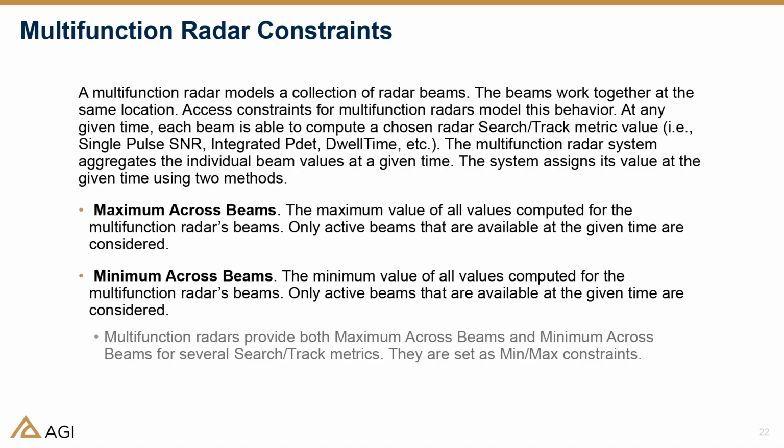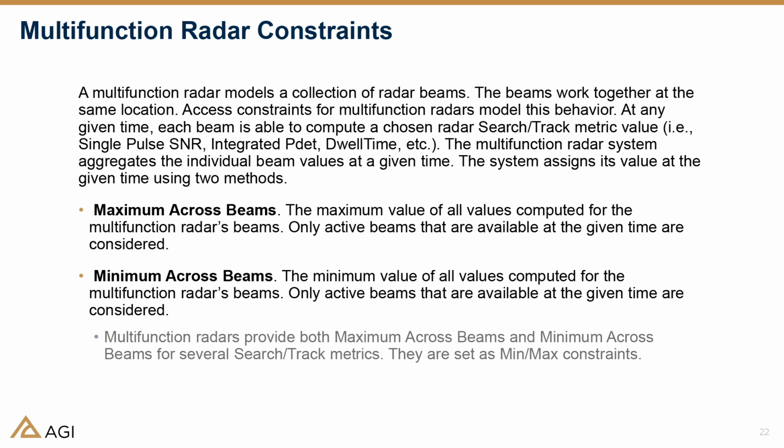When you are computing the constraints, STK will take into account the metrics for the entire multifunction radar. So if at any point you say you want a maximum single pulse SNR, it will apply that constraint to all of your beams. That is definitely one thing that you will have to take into account.